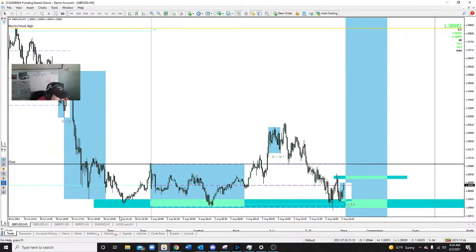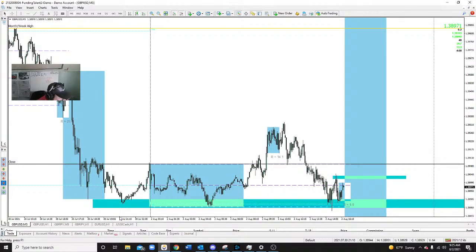Looks like GU is approaching that resistance there, so we'll have to wait and see.